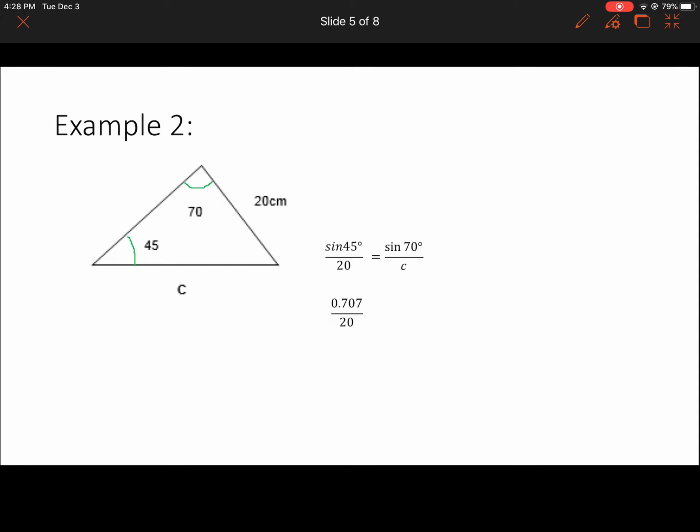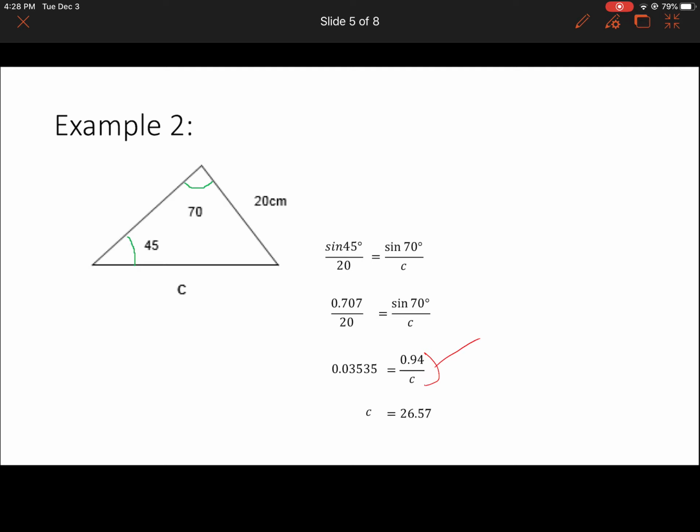Okay, so how do we solve it? Well, sine of 45 is that over 20. This stays the same. Our next step, we got 0.03535 from here, equals sine of 70 ends up being 0.94. Put that in your calculator and verify. Now, C becomes equal to 26.57. How did that come about?